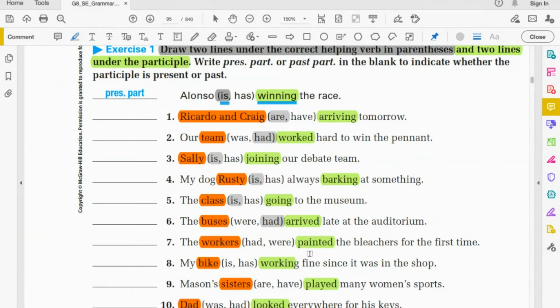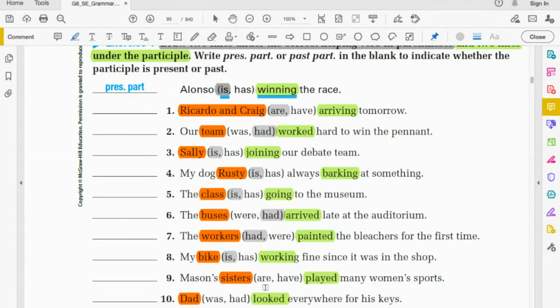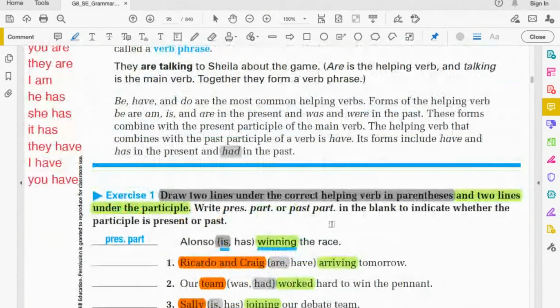Again, it's has or have or had. The workers were painted. The workers had painted. Has, have, had. Bike is, am, are. Is working. Mason sisters have played. Has, have, had, plus the past. Dad had looked everywhere for his keys.